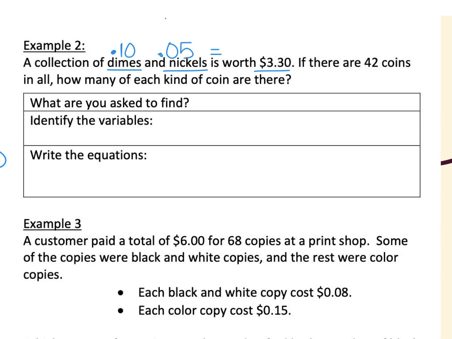When we have questions like this, it says there are a total of 42 coins, so we're going to have to add because there's 42. We really want to keep money with money in this kind of equation. So what are we finding? We're finding the number of dimes and nickels.